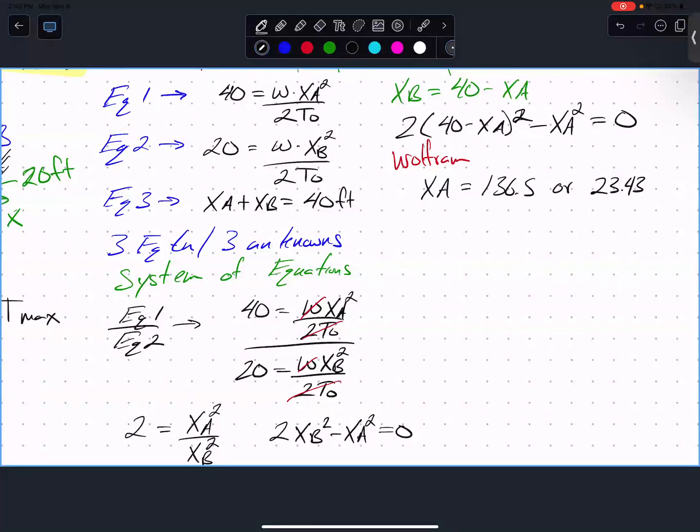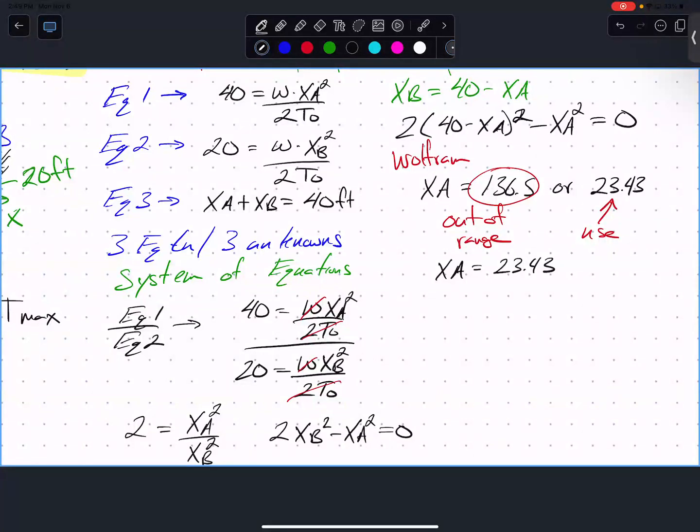Okay, so I got 136.5 or 23.43. This one is out of range. So this is our actual value. It's within 40 feet. So that is xa. I'm going to use that one. Now we have xa is equal to 23.43.